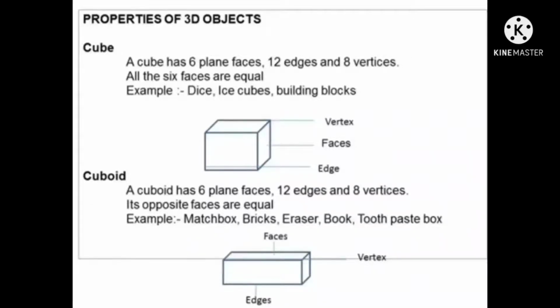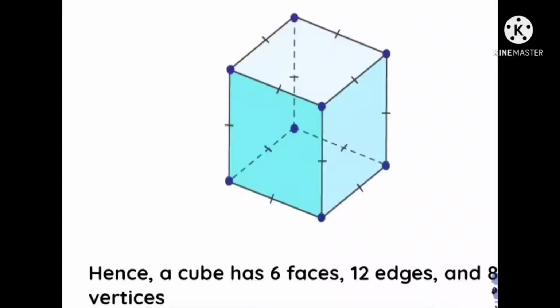Examples of cube are dice, ice cubes, building blocks. See this picture, you have to clarify very well which are the faces, which are the edges and vertices. See that where two lines meet at a point, that is a vertex. So here we put a dot. How many dots are there? 8: 1, 2, 3, 4, 5, 6, 7, 8.